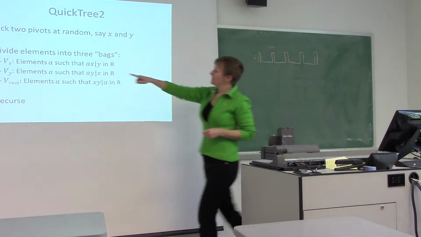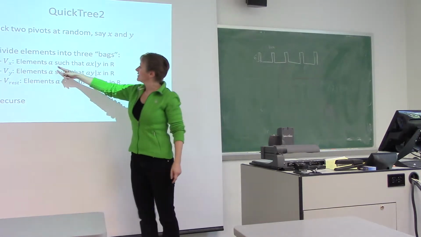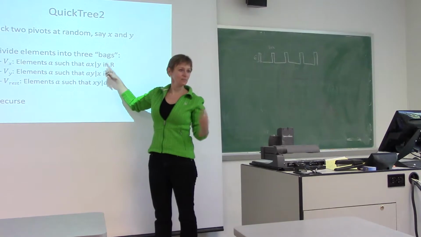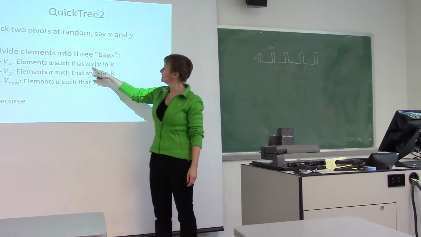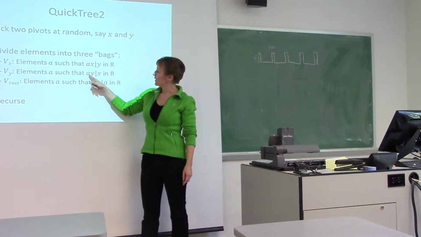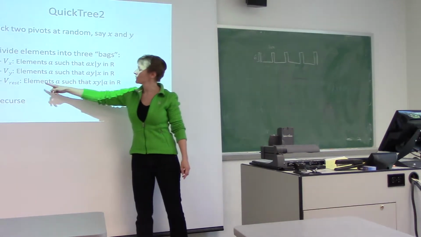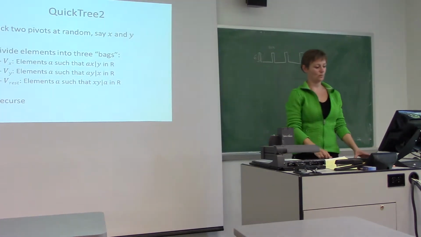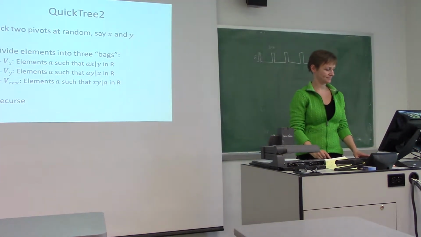One bag is x's bag: the elements A that are more similar to x than they are to y. Y's bag has the A that are closest to y, and then the rest are the ones where x and y are closer to each other than A. Then we recurse on the three bags.